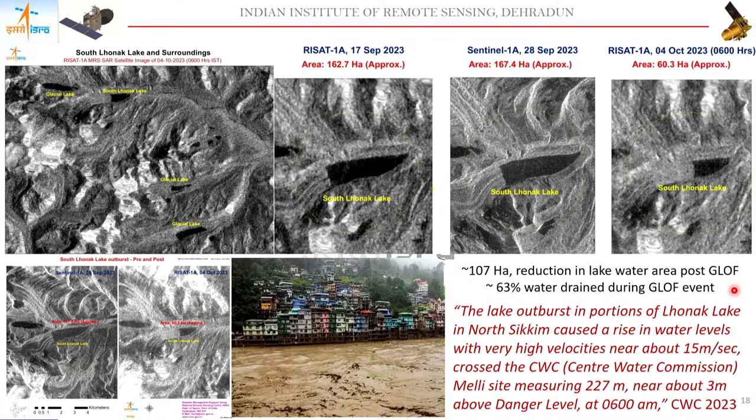So this is used to monitor the subsequent change in the volume of the glacial lake, and this is the debris covered glacier, debris from the ice which is floating on the ice. And it happened in the middle of the night, and the image was taken at 6:30 in the morning. So you can also see the flood marks which are much higher, as the photograph is taken in the morning.